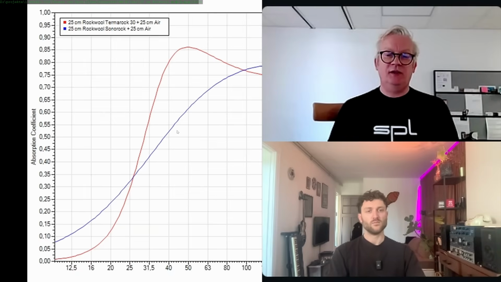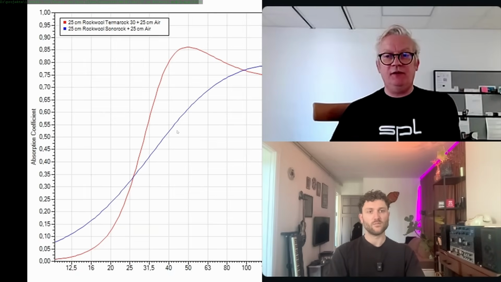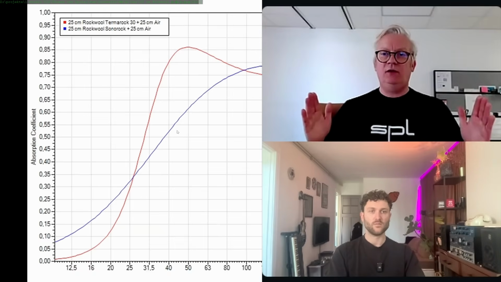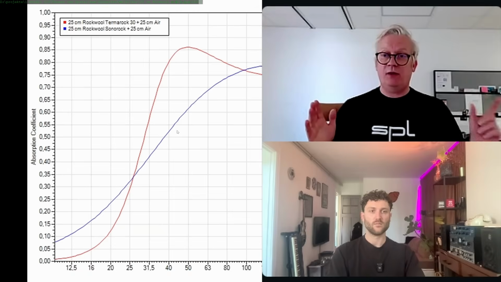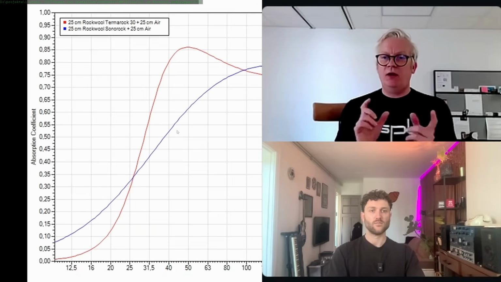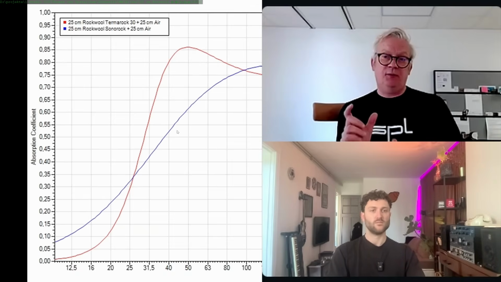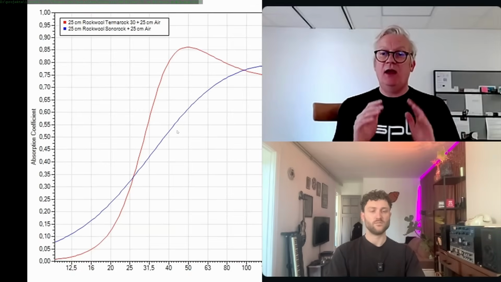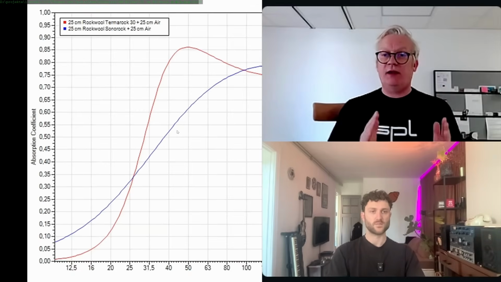If we're using a material with a different streaming resistivity, it can be better to have full material with no air behind. And sometimes it's a very good idea to try a combination of small panels with high density and bigger parts with lower density.